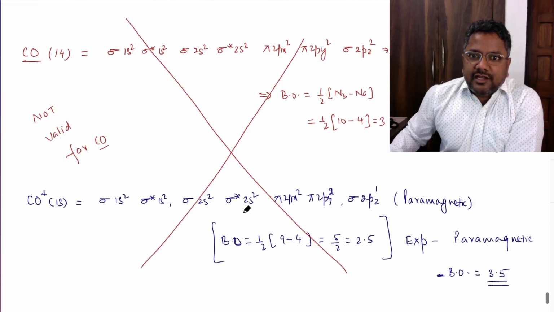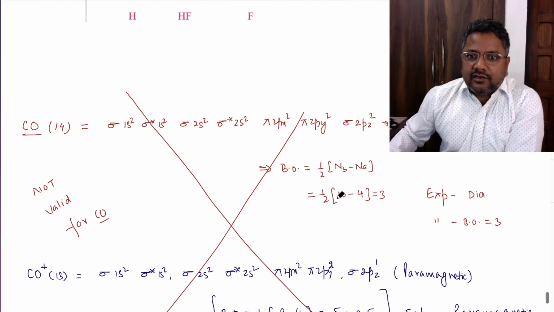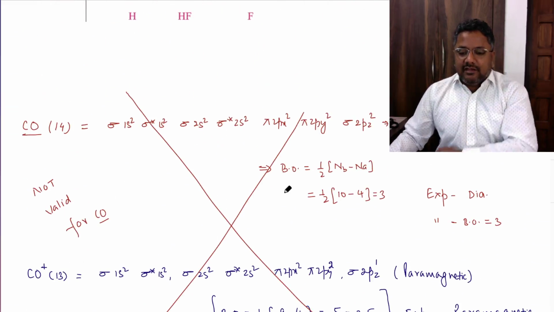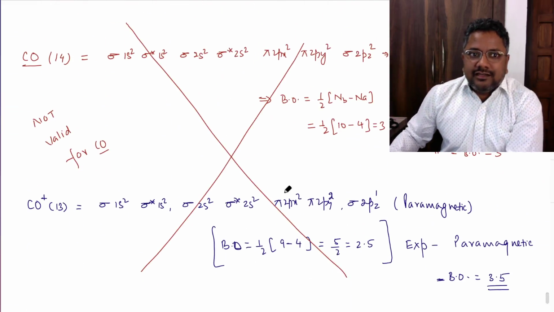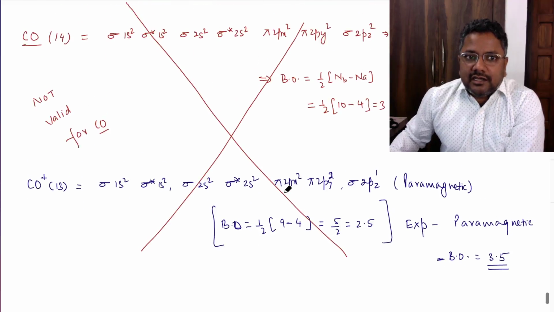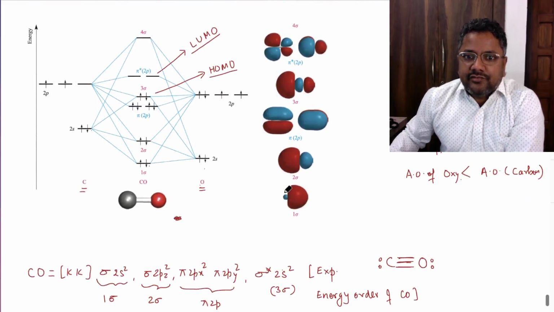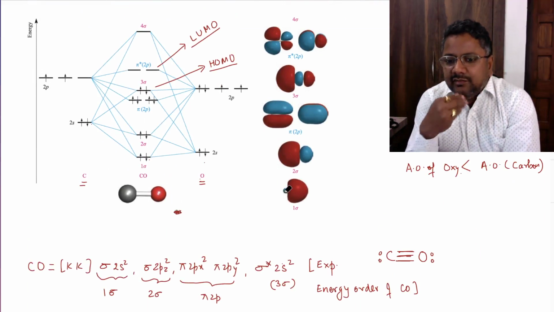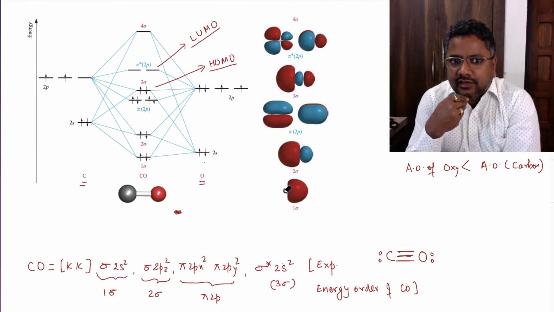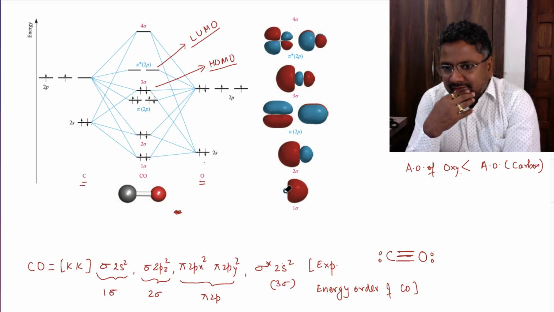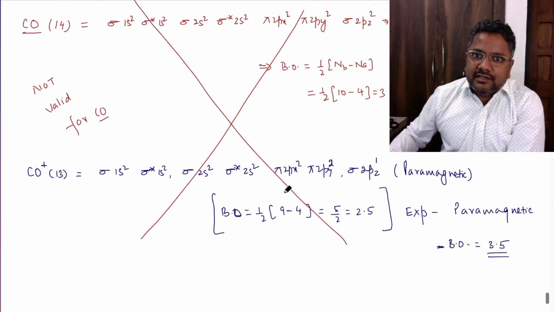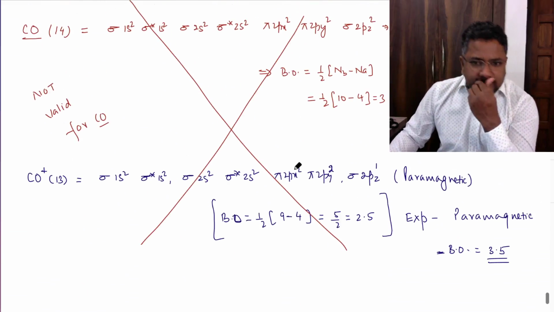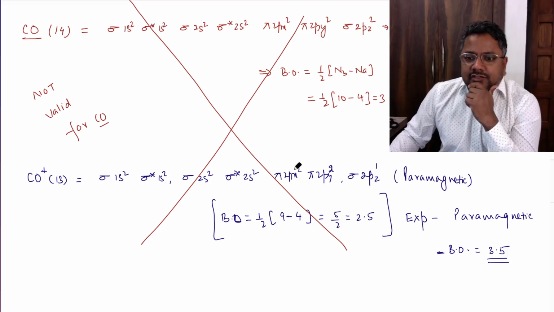So one thing is clear, that this electronic configuration and this energy level we cannot use for heteroatomic molecules like carbon monoxide, HF, NO, etc. Although NO has 15 electrons, many people do the electronic configuration using this configuration, because in N and O there is not much difference in their effective nuclear charges.